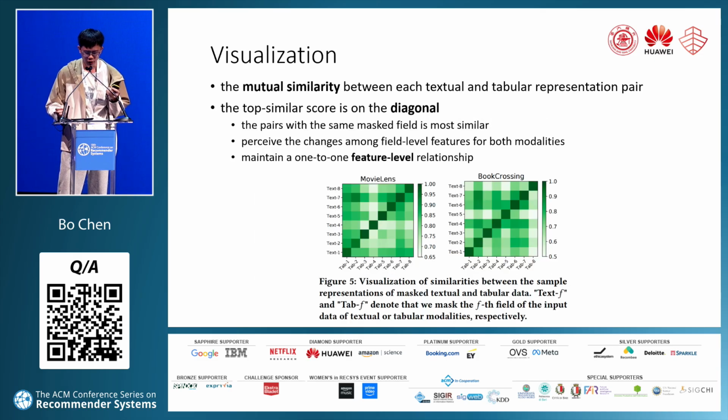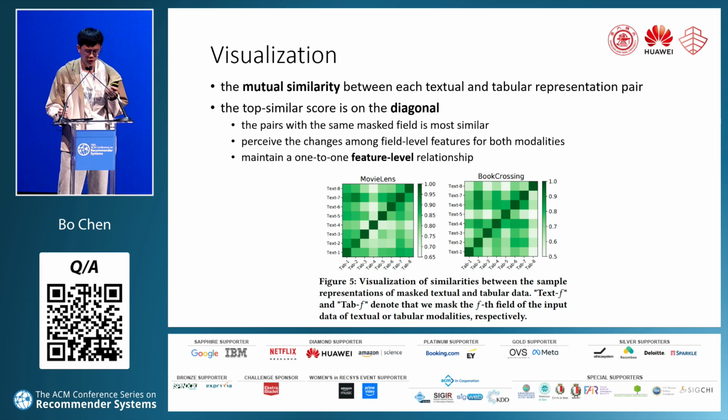And we conduct a case study to further explore the fine-grained feature-level alignment for the text and tabular data pair. We first perform the field-wise masking, and then we use the pre-trained language model and the ID-based models to encode them into different representations.